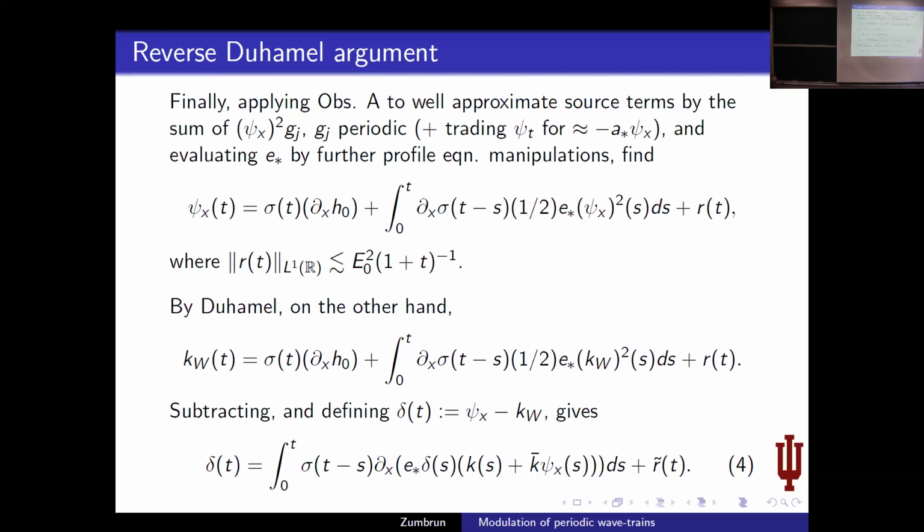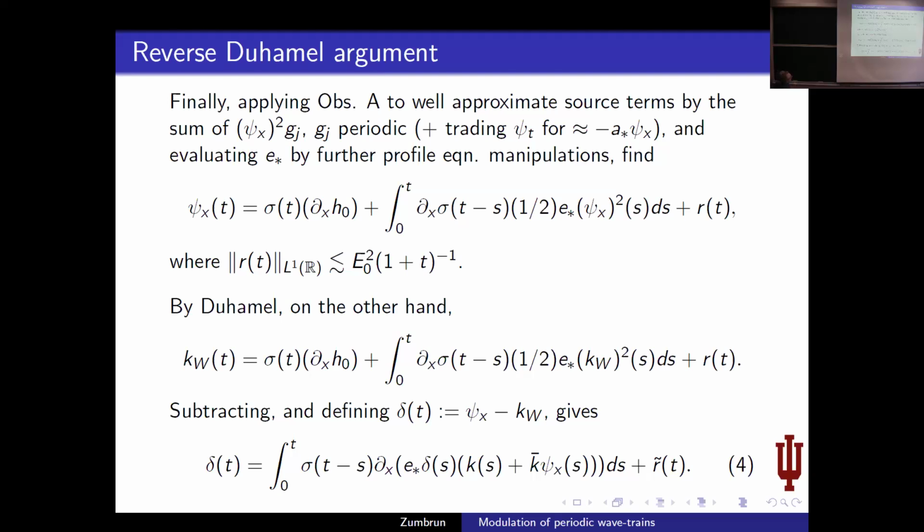And this is still true up to an error term, because there were a bunch of residuals that I threw out in transforming the original formula to this. They have a decay rate of t to the minus 1, it turns out, in L1.